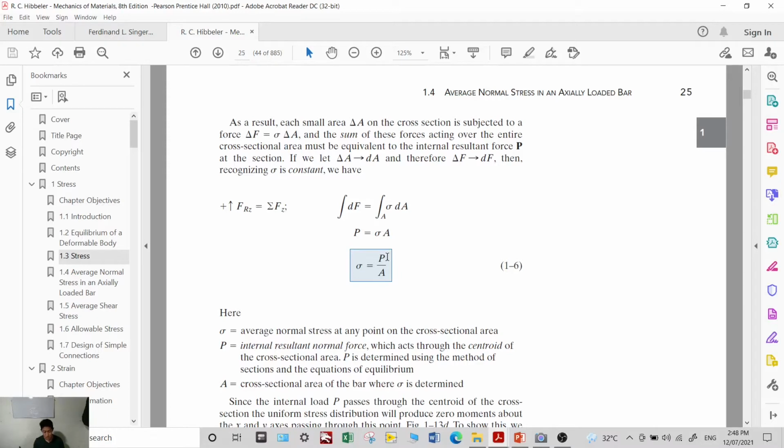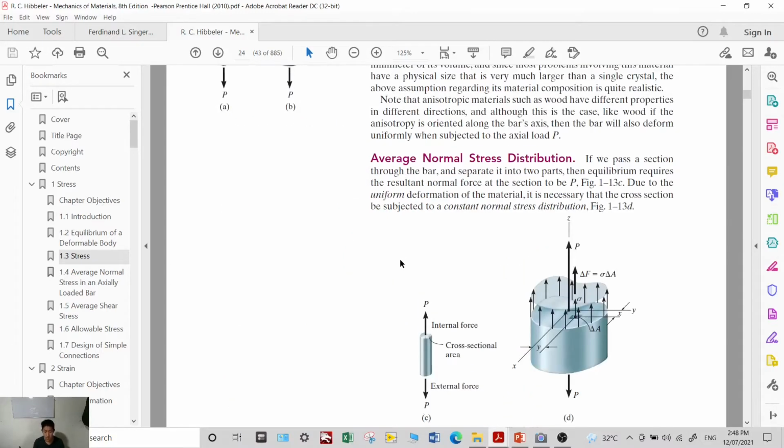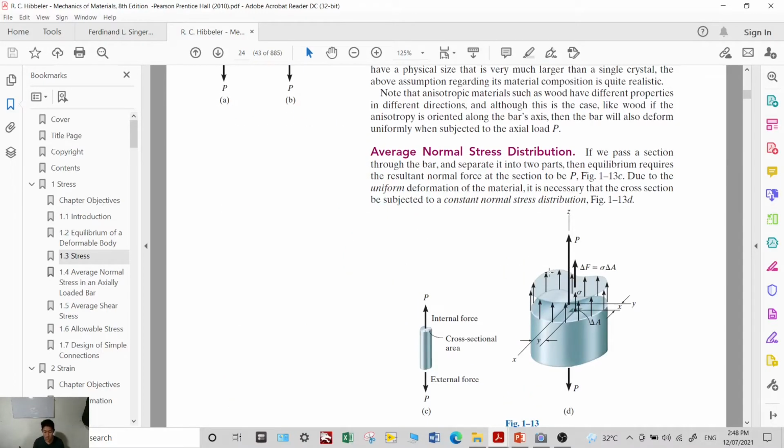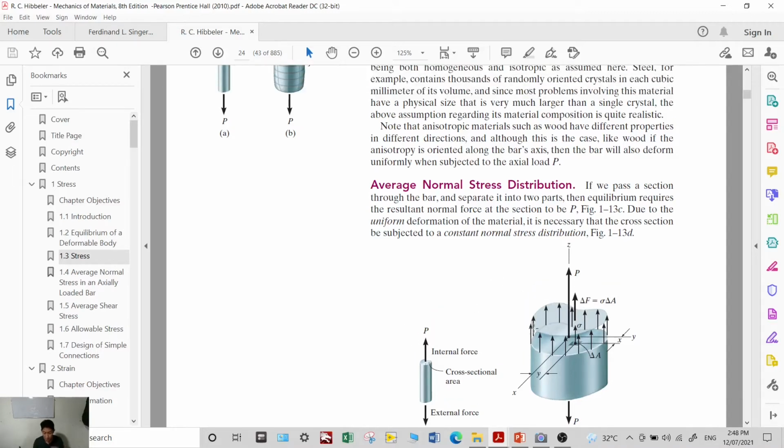So, how much force can it resist for a given area? This equation gives the average normal stress. Average, because when a force is applied, it is not equal across the area; it varies.